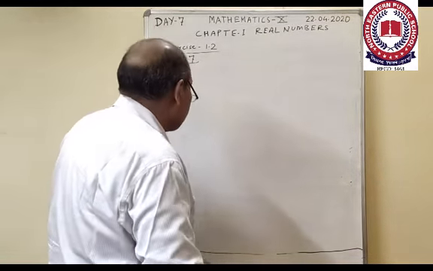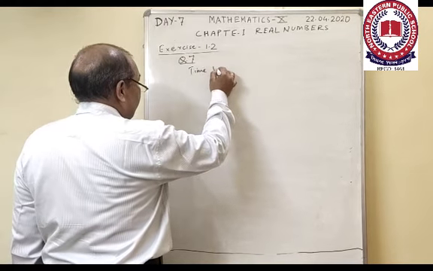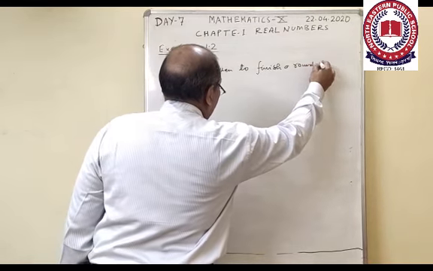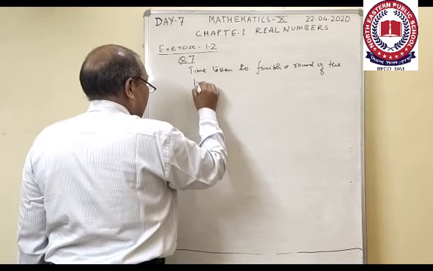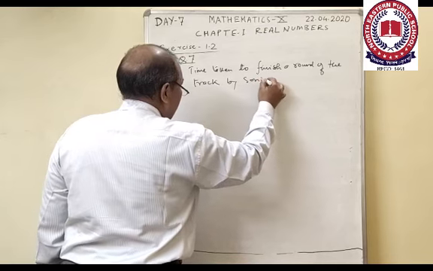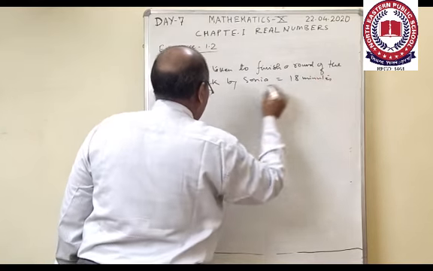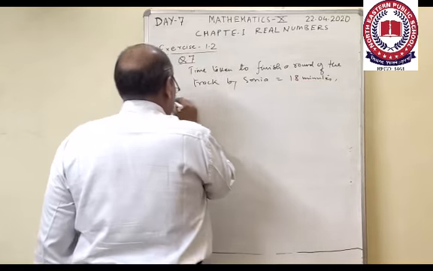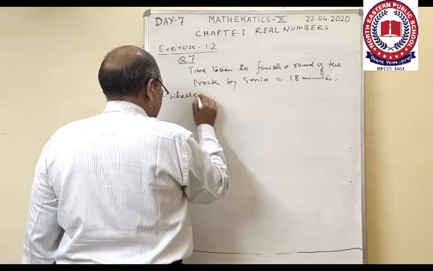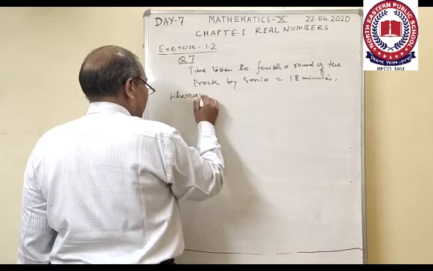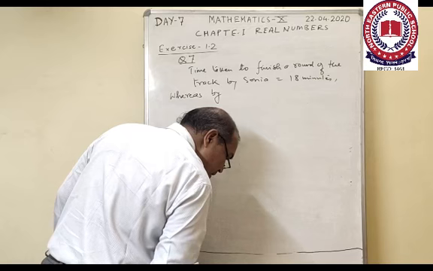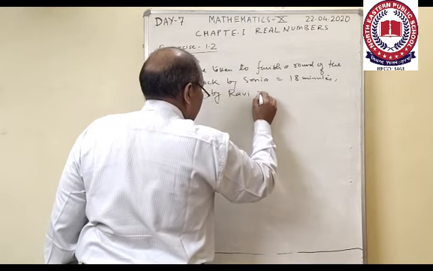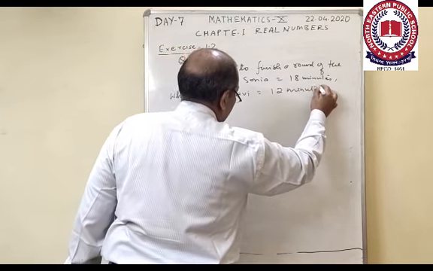Alright, so let us work here. Time taken to finish a round of the track by Sonia is equal to 18 minutes, whereas by Ravi is equal to 12 minutes.